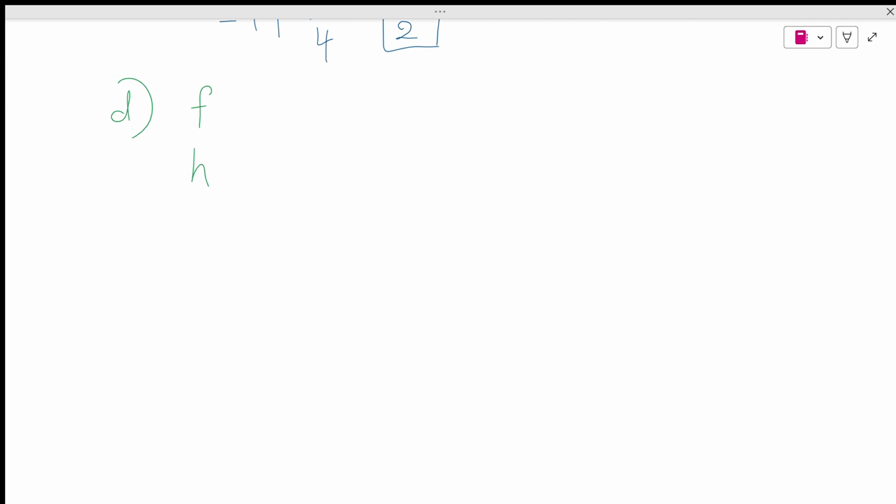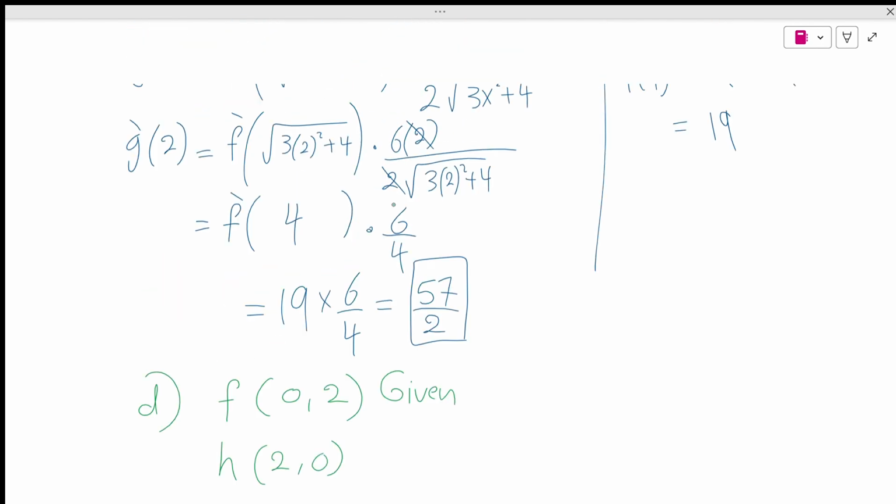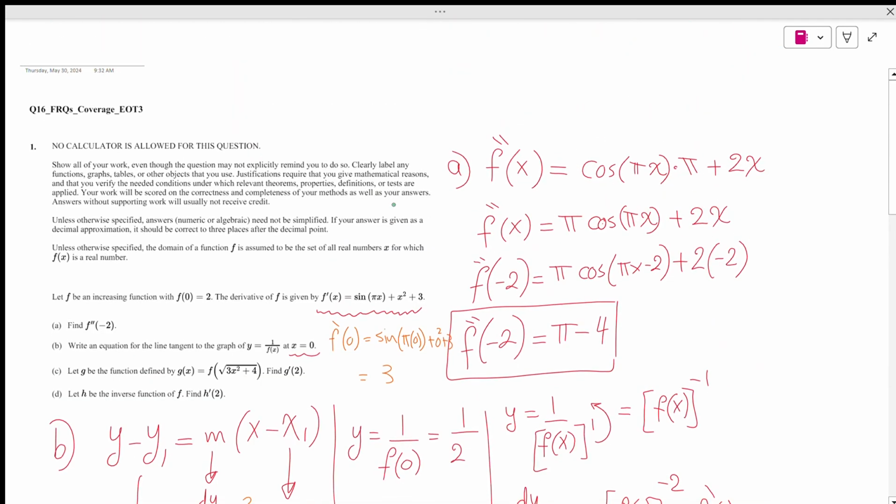The given piece of information in the question is, for f, the point is 0 and 2. So for the inverse, it will be 2 and 0, right? This is given, and here we are just switching them.